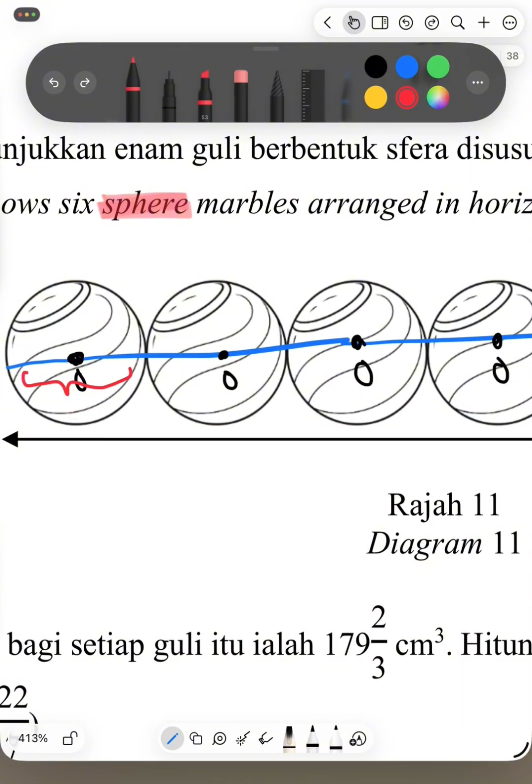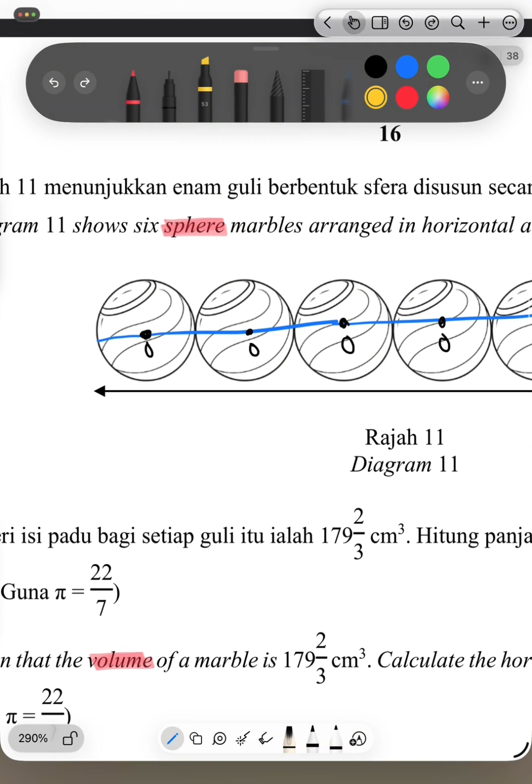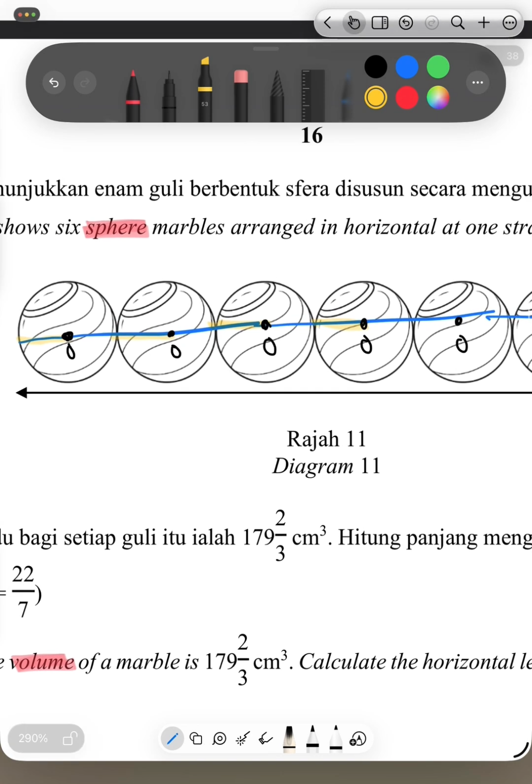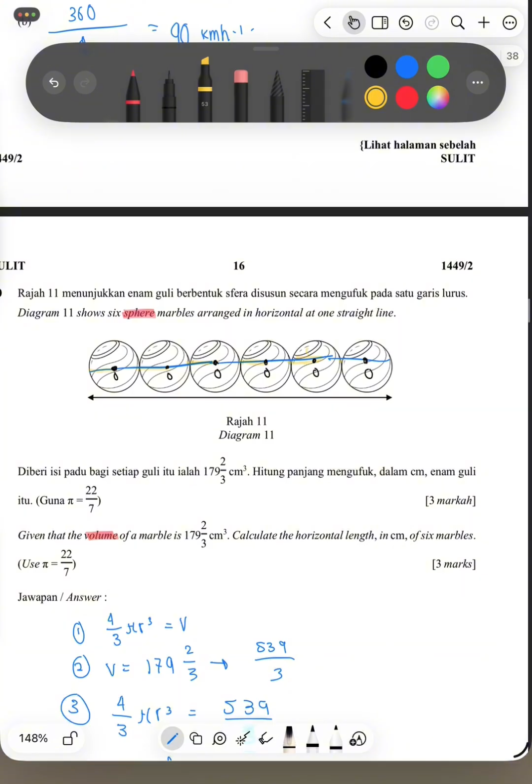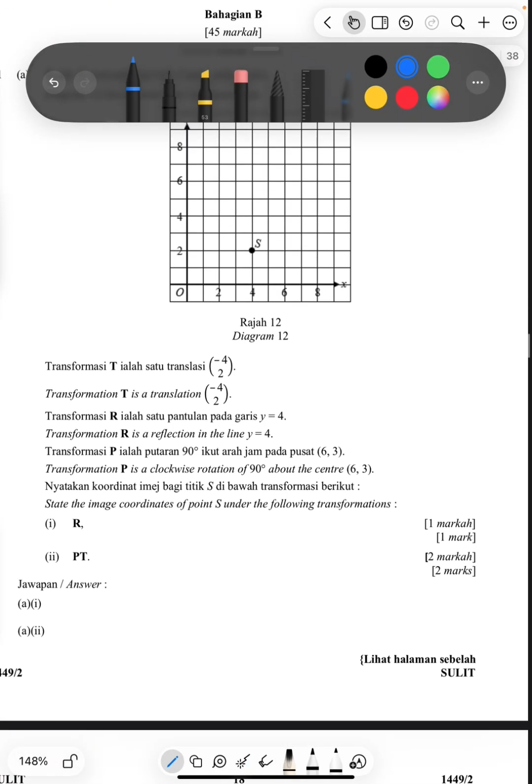So here we have, let's say, this is 1 radius, 2, 3, 4, 5, and 6. So take 6 times 2, you get 12. So the total length is 12 times 7 over 2, and then you get 42.